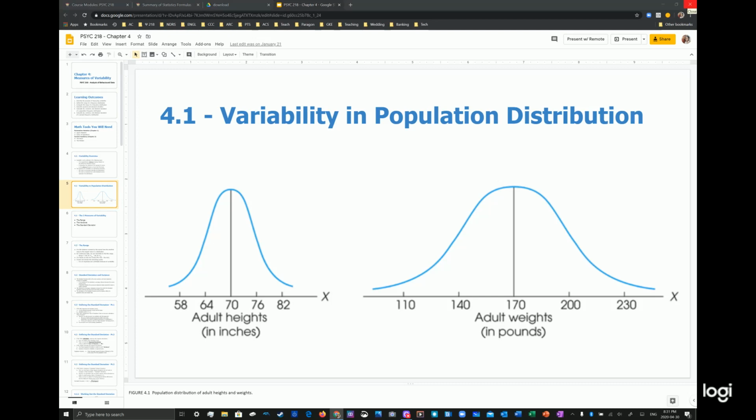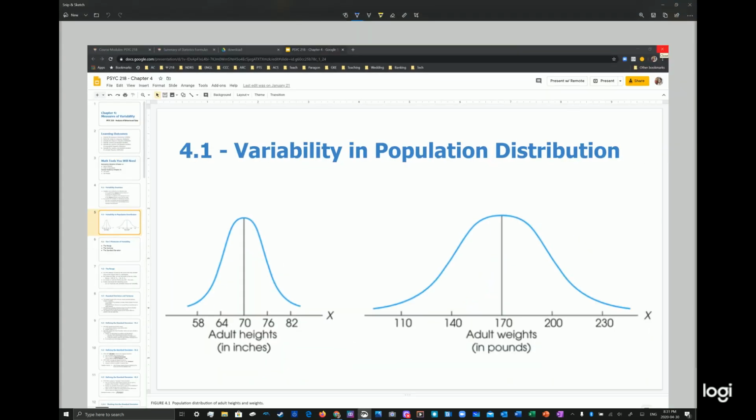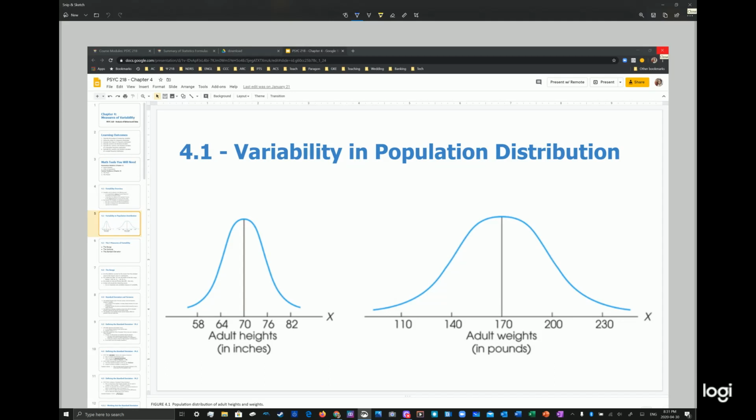Here's a simple picture of variability, and I've already talked about this in the beginning. And here is one that is thin and tall, even though these are the same height, and there's no y-axis per se. We don't really need the y-axis in this case. We're just looking at the width, so how wide it is on the x-axis.